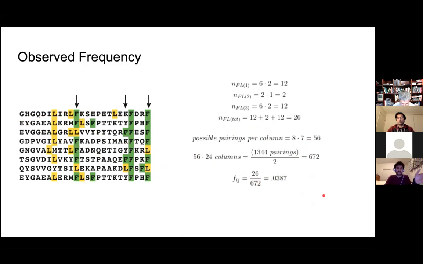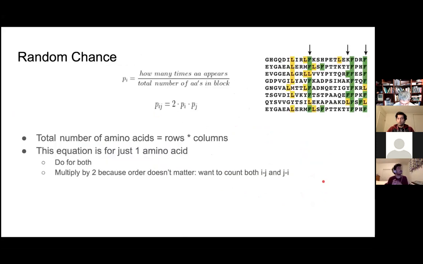So we calculated the numerator of the likelihood ratio. Now let's look at the random chance. I like to think about this as if we take all the amino acids here and place them into a bag. What is the likelihood that if we draw out one amino acid, it would be a phenylalanine? What's the likelihood it would be a leucine?